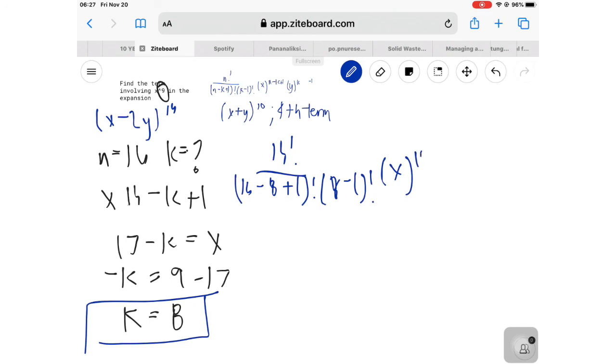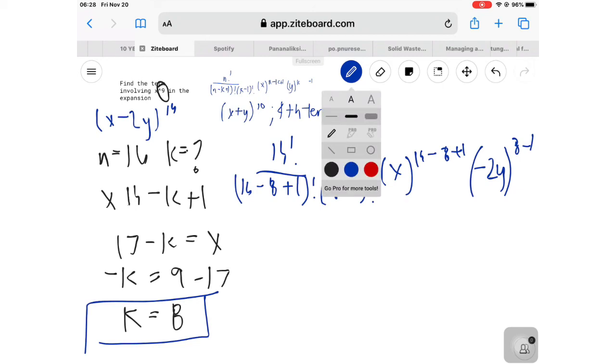So, 16 minus 8 plus 1. Tapos, si y naman is negative 2y, 8 minus 1. So, simplify natin.